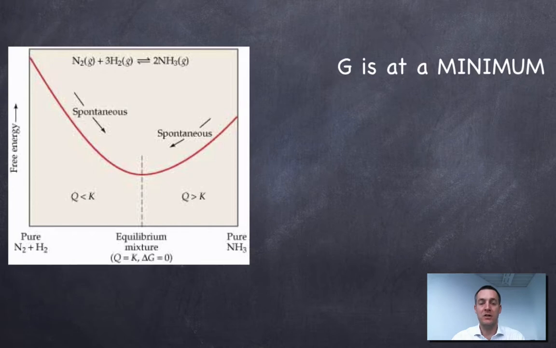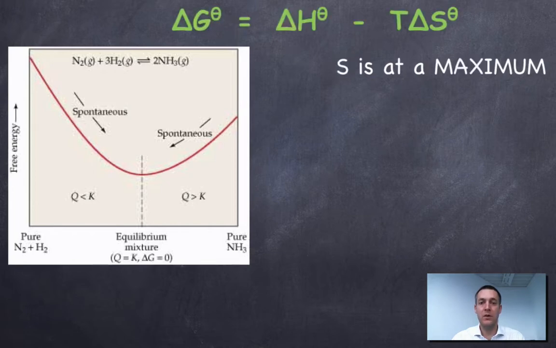And if the free energy is at a minimum, well then the entropy at this point must be at a maximum. Because if delta G is going to have its smallest value, then we want the entropy change to have its biggest value. Okay, because we're always subtracting this product of temperature and the entropy change from the enthalpy change.